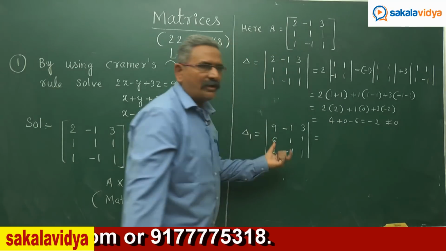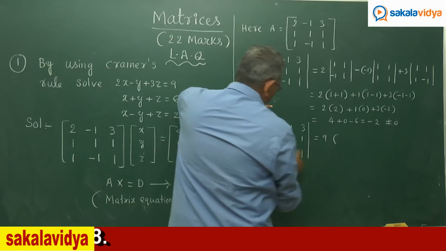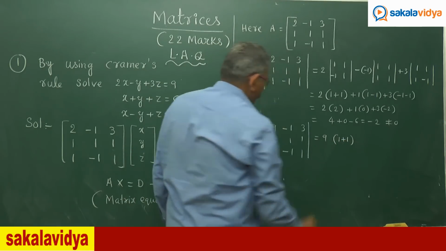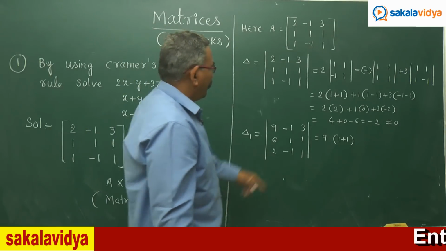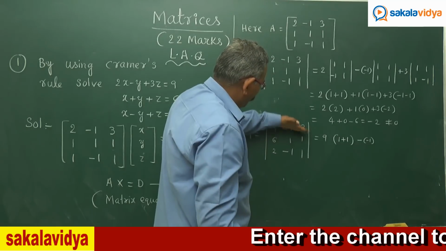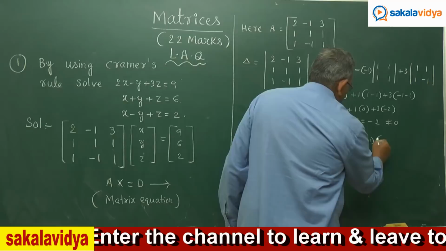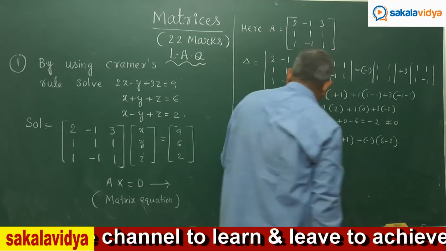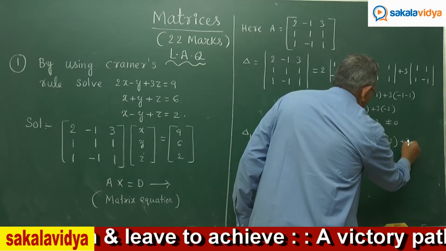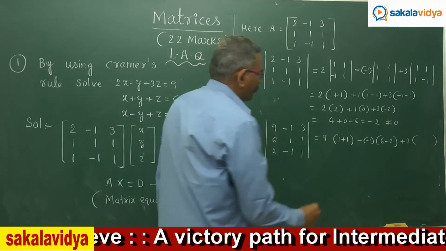Now, I will write directly: 9 multiplied by the determinant of this one, 1 plus 1, correct. Here minus of minus 1. So, deleting this row and this column, 6 into 1, 6 minus 2, and plus 3 multiplied by minus 6 and minus 2.